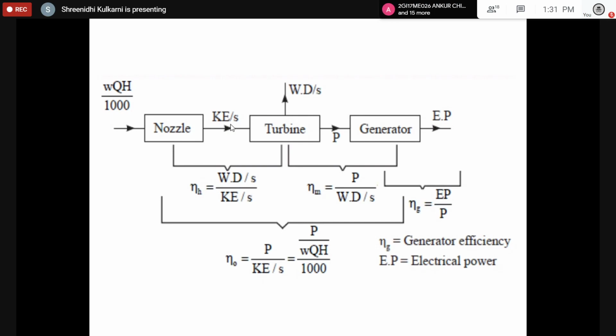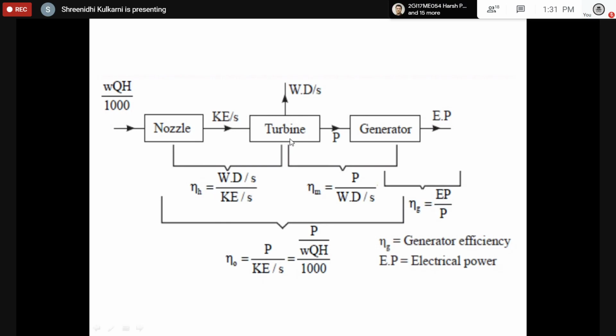I hope you understood mechanical efficiency, hydraulic efficiency, and overall efficiency. But here they have not mentioned the volumetric efficiency. The volumetric efficiency is the ratio of the quantity of water, that is, the actual water striking to the water supplied to the runner.